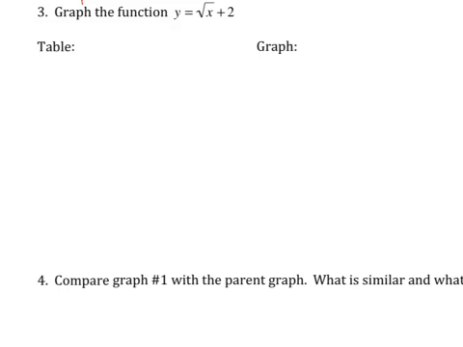In the next graph, our equation looks a little bit different because we have this plus 2 on the outside. Notice that it's not inside the square root. So let's make our chart.